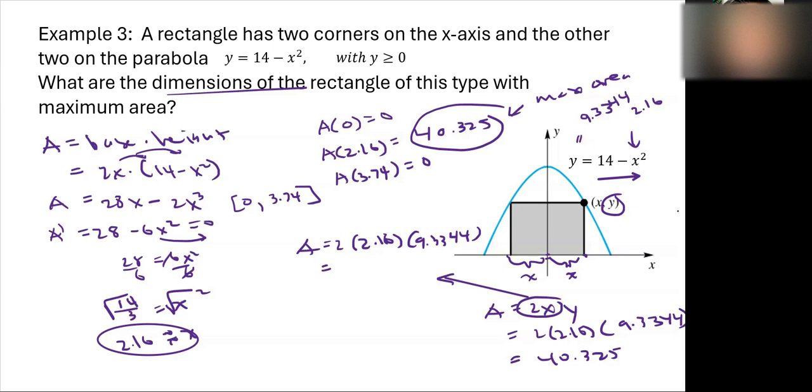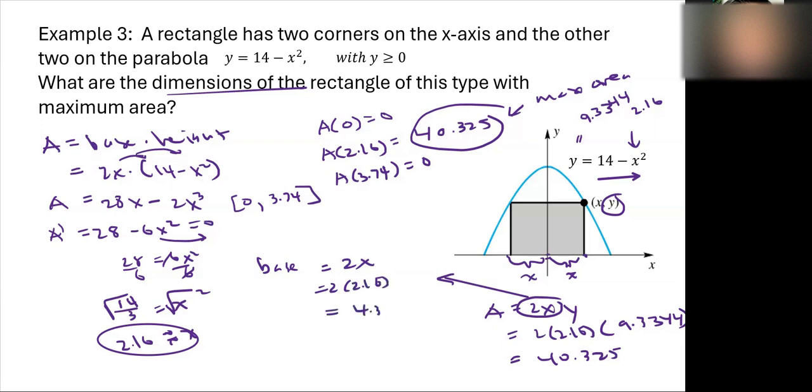So let me backtrack. Sorry about that. So let's try that again. Okay, so the base is going to be 2 times x, so that's going to be 2 times 2.16.